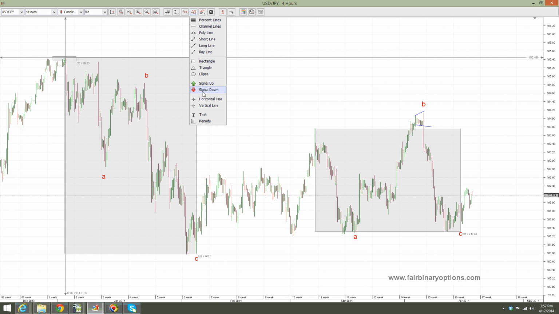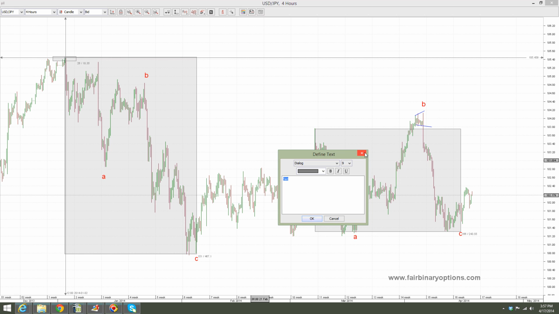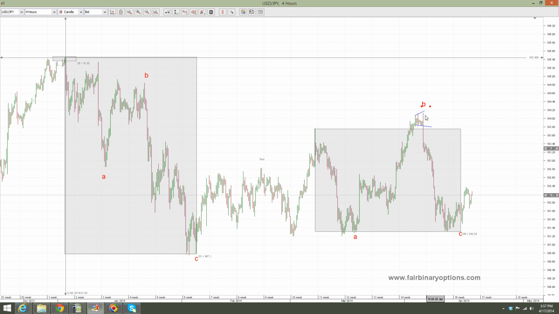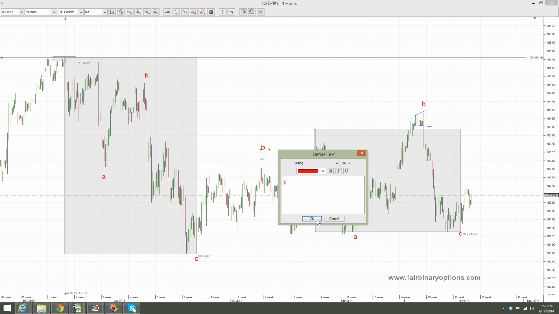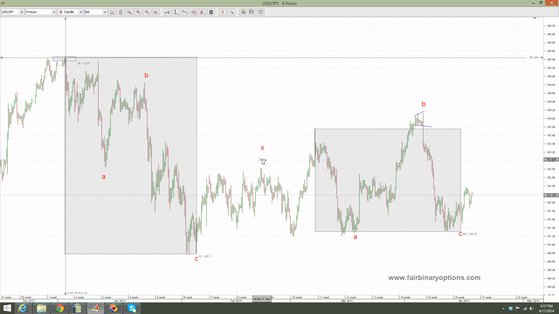Between these two different flats, we have an X wave, and this X wave should end all the way here. So ABC, intervening X wave, and then another ABC to the downside. Double flat.